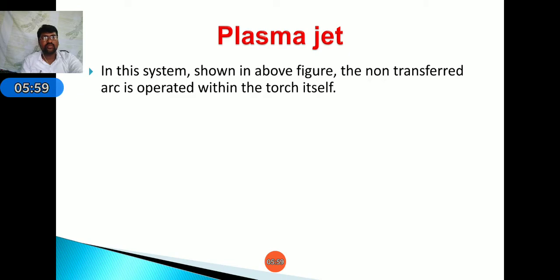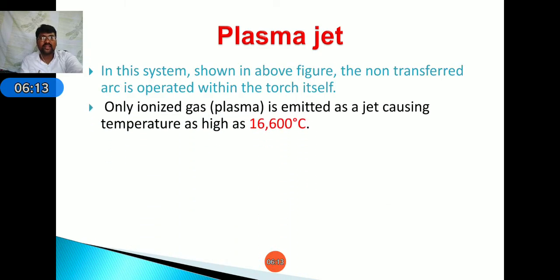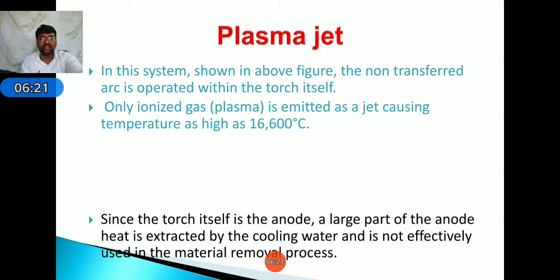Next, coming to plasma jet. In this system, as shown in the figure, the non-transferred arc operates within the torch itself. The anode is the outer nozzle of the process. Only ionized gas is emitted as a jet, causing a high temperature of 16,600 degrees centigrade.